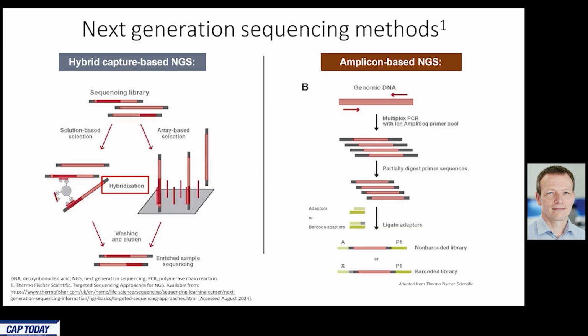The second method is amplicon-based NGS, which uses a multiplex PCR reaction, which can then be barcoded afterwards. Due to the barcoding, we are able to reduce PCR artifacts by filtering them.